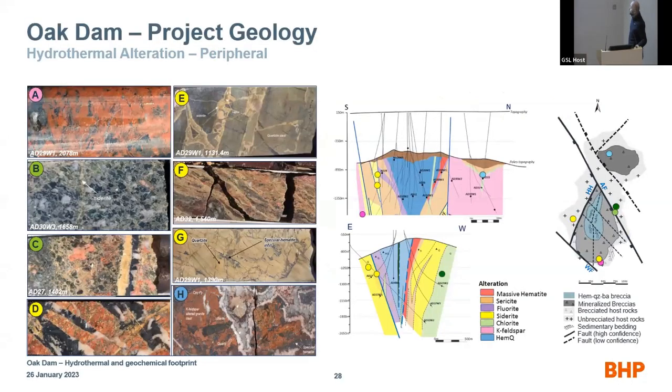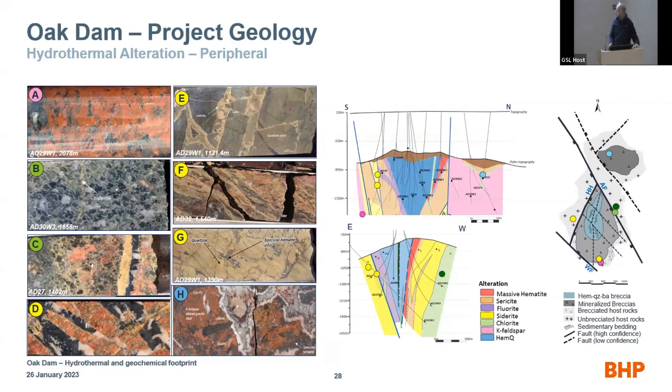On the next two slides, on the left side of the screen, you see core photos color coded by alteration zone domains, and highlighted in the center of the screen you can see the cross sections, north-south on the top and east-west on the bottom, and plan view. If we start with the peripheral alteration, outside of the breccia system, you start seeing K-feldspar and chlorite affecting the intrusions of the Donington suite.